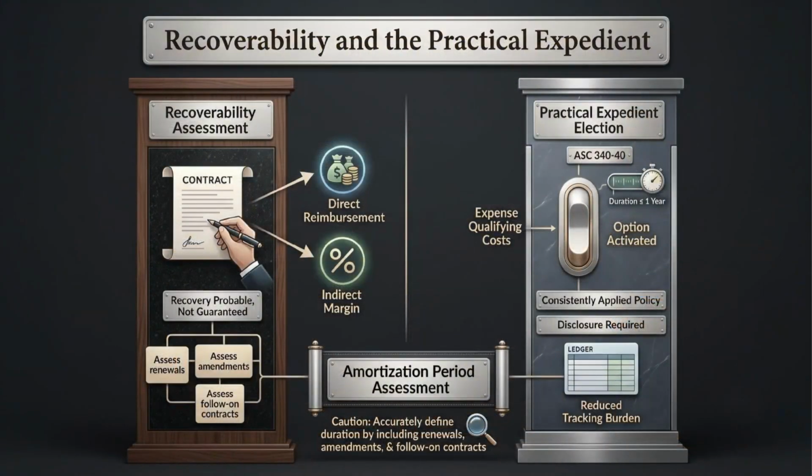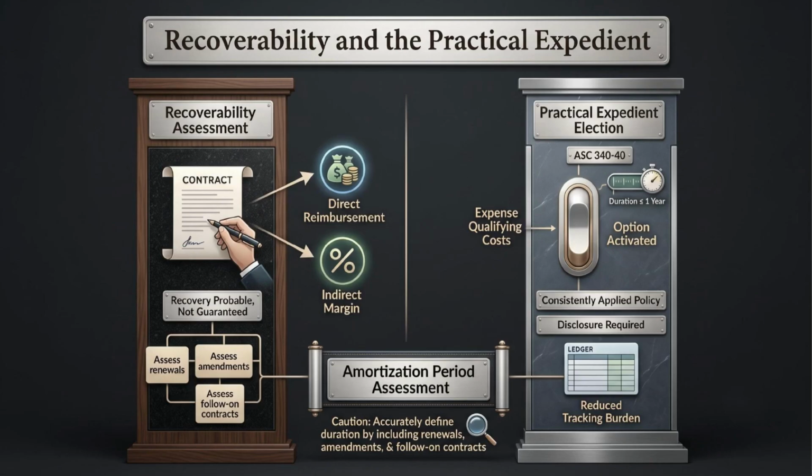Recoverability is the next filter. The entity must expect to recover the incremental cost. Recovery can come directly from the customer or indirectly through the margin in the contract price. It does not need a separate reimbursement clause, but management must have support based on facts and circumstances. ASC 340-40 also provides a practical expedient.